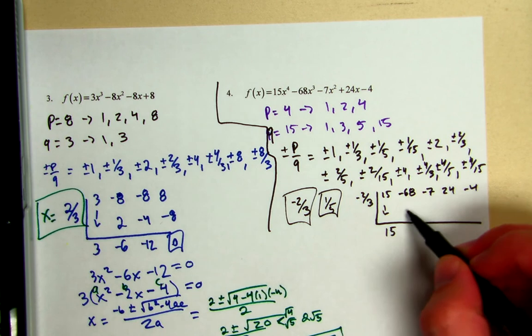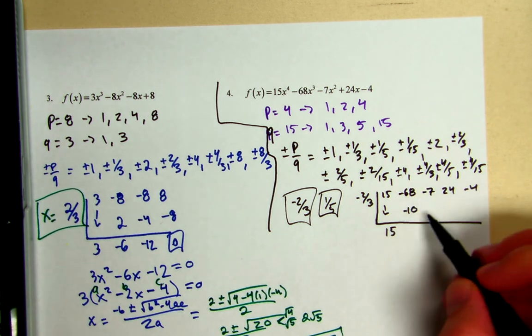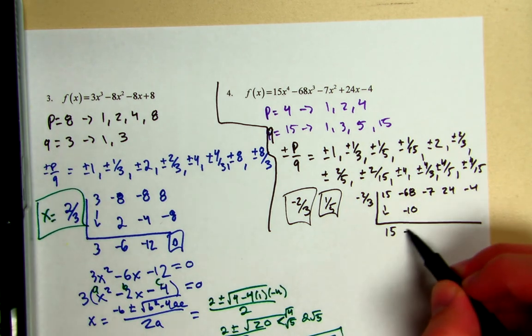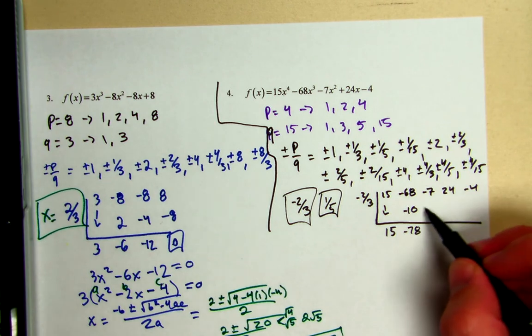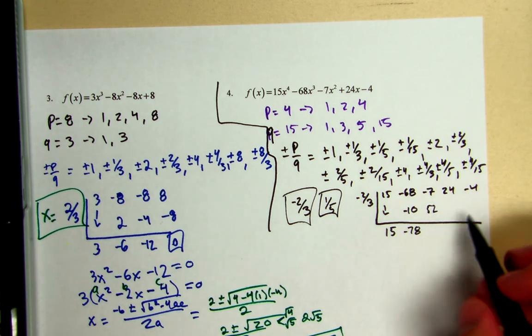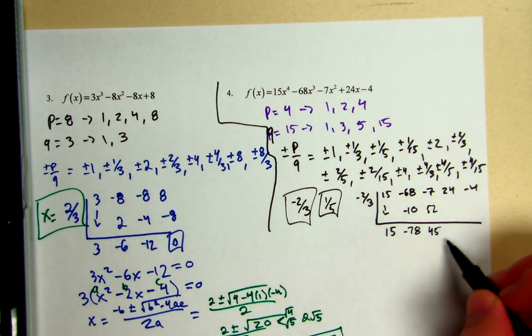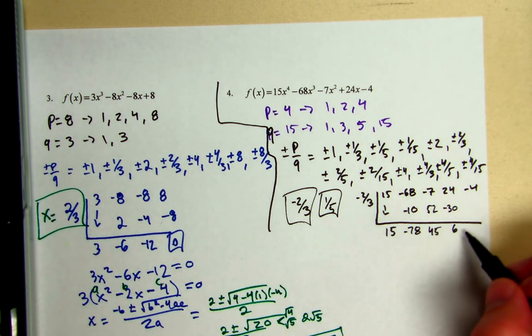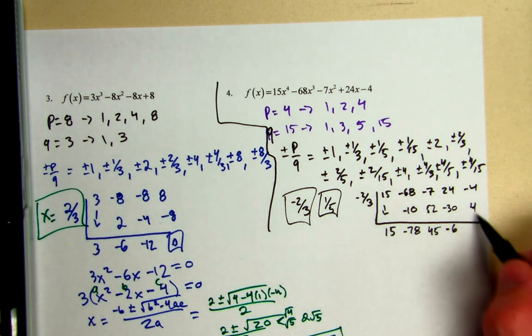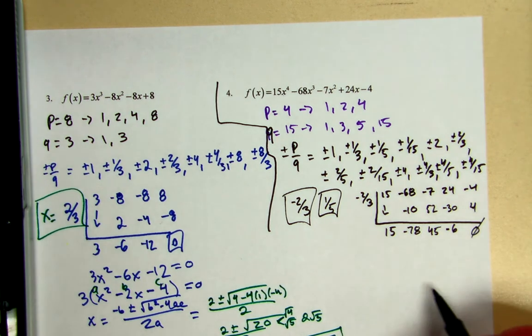Then that's going to be negative 10. We're going to have negative 78 here. And negative 2/3 of that will give us 52. Add those together, we get 45. Negative 2/3 of 45 is negative 30. We get negative 6. And it should be positive 4 to get 0. So that's not going to matter.